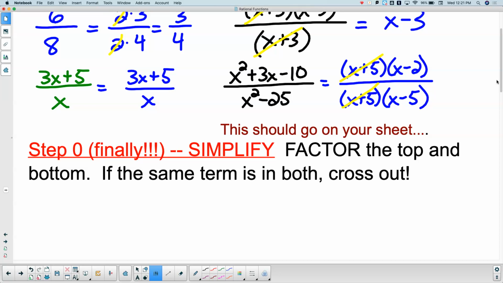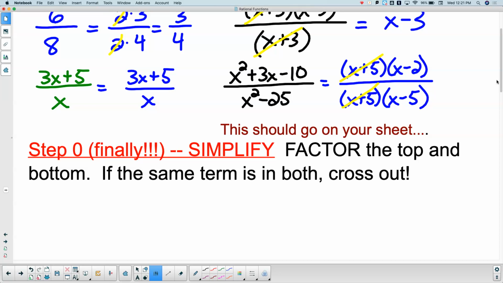Okay. So we need to factor the top and the bottom. If the same term is in both, we cross it out and we start with a fresh, brand new function, because we want simplified functions.